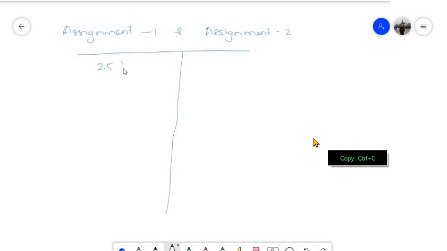You can select 25 questions for this and 25 questions for this, and the questions that you select should be multiple choice questions from previous question papers of GATE.